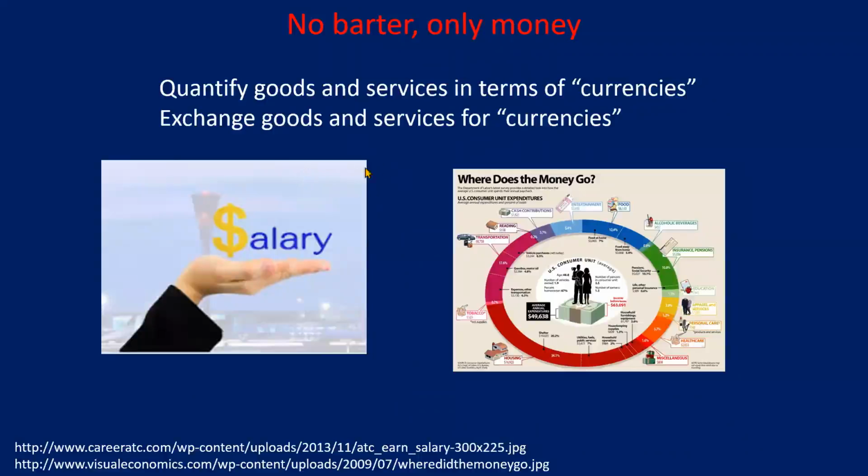For that normalization, the money concept, the currency concept came, and most of the time you buy goods, and when you exchange currency, you get services and all those things.